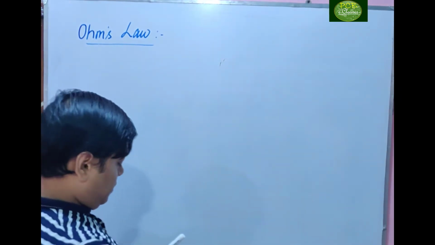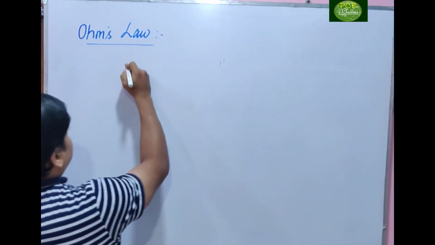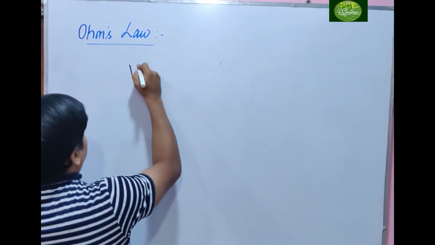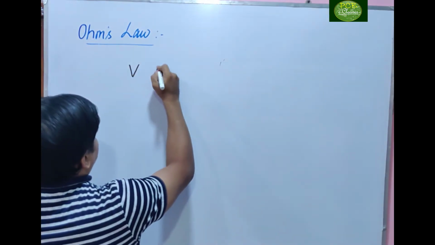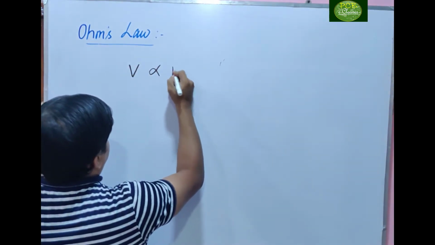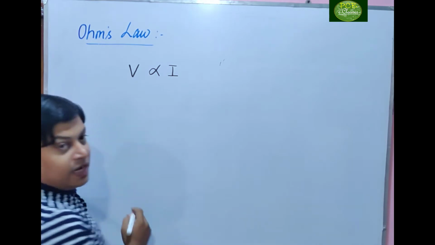Now see here, what we have written first: V equals I R. V is proportional to I. What is the meaning?